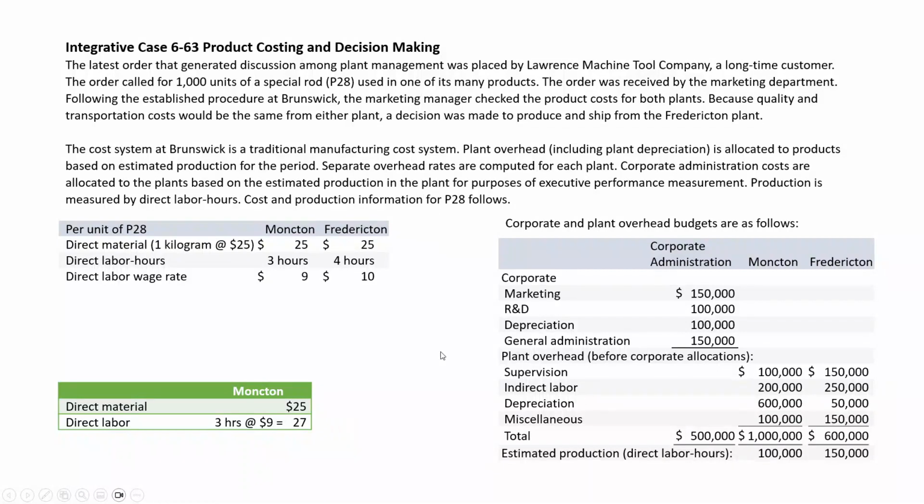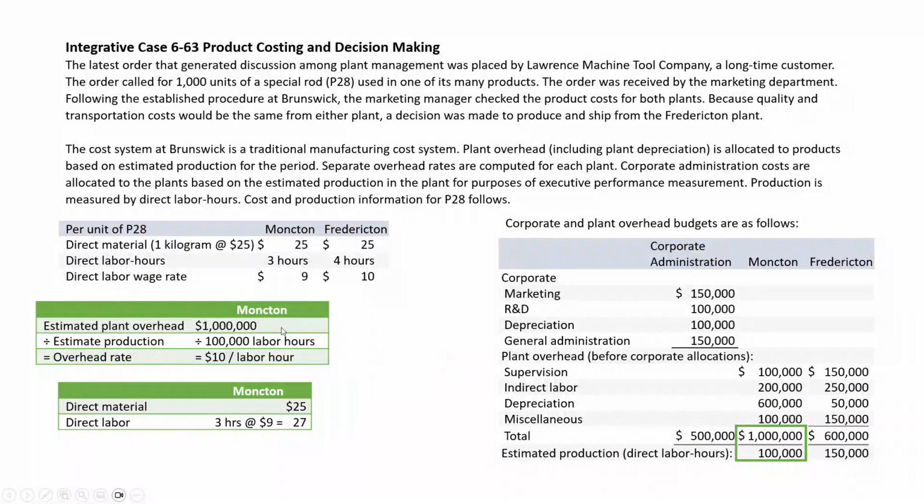So we're simply going to take our estimated cost of $1 million for Monktown divided by our estimated production in direct labor hours of 100,000 and calculate that our predetermined overhead rate for Monktown is $10 per labor hour. Again, if we read back through the scenario, they do point out, obviously it's going to be different from the other plant, so you're going to have to calculate that separately for Fredericton.